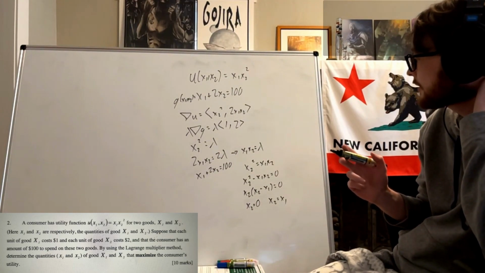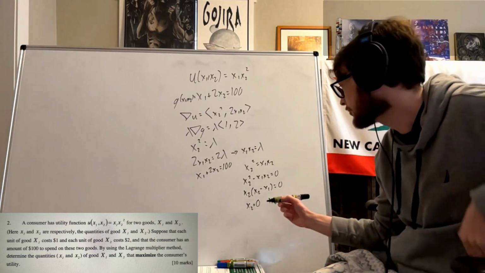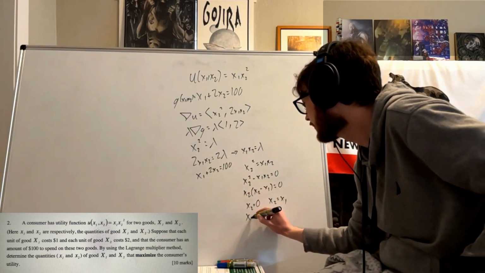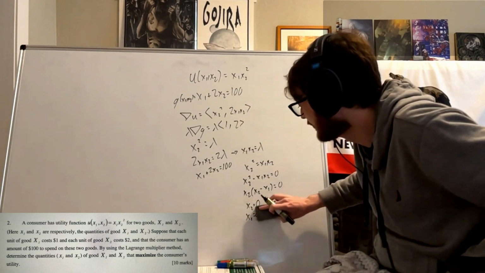Really? They're going to equal each other? Well, here, actually, maybe we should examine this case. So if x2 is 0, then x1 is 100. That's not 100. It's 0.